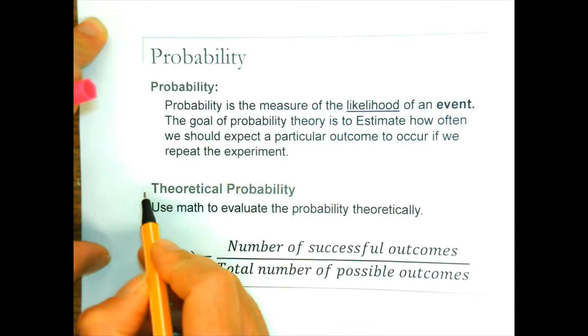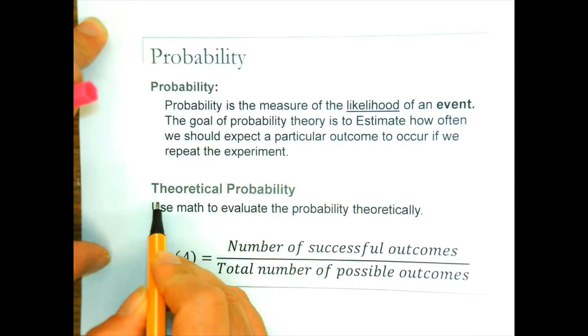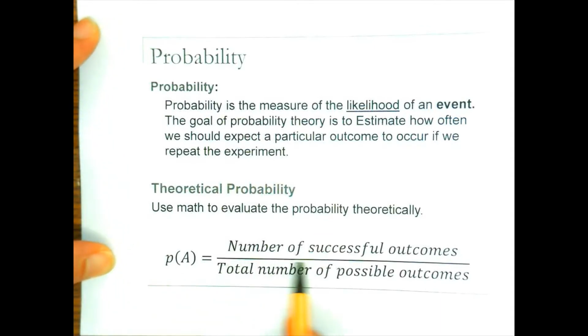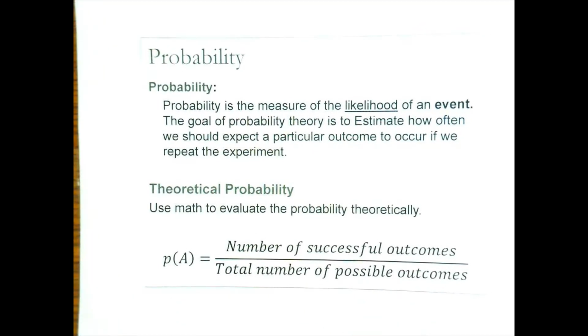Now this time we are focusing on theoretical probability, and probability of event A happening is number of successful outcomes. So when we do an experiment, how many of the outcomes are the ones that we are looking to happen over how many possible outcomes we have. And this will become more clear when we do some examples.